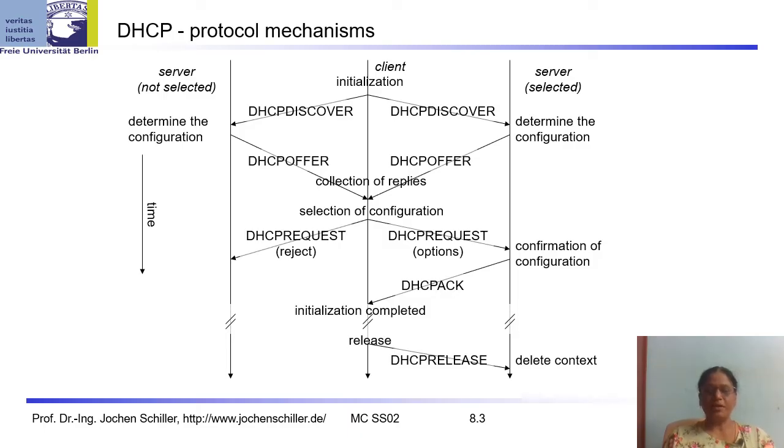After the client has used the IP address, in case it is shifting to some other network and the DHCP server doesn't get any message from the client, then the same IP address can be allocated to some other system. In case the client knows that it is moving to some other network, it can send a message called DHCP release to the server.